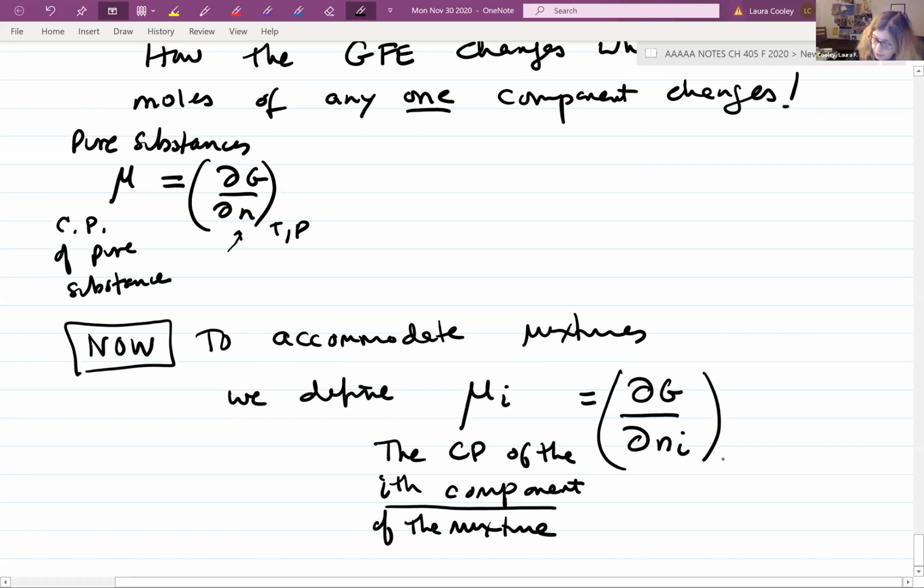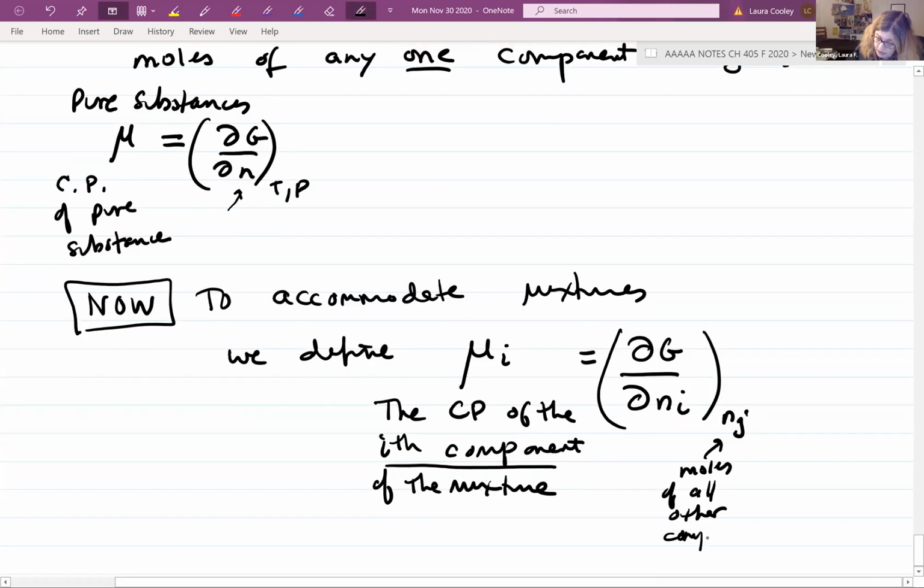Where all the other moles, nj, those are moles of everything else. Moles of all the other components are held constant, along with the pressure and temperature. These are also constant.